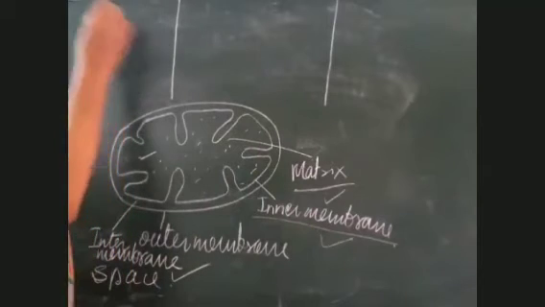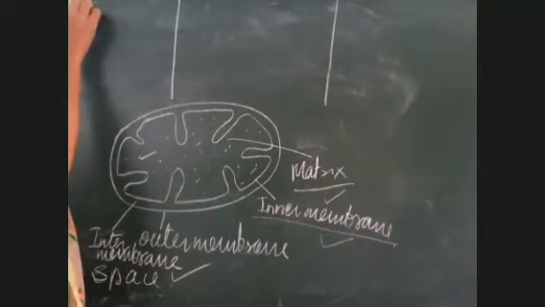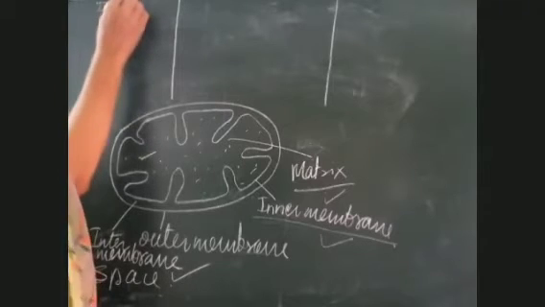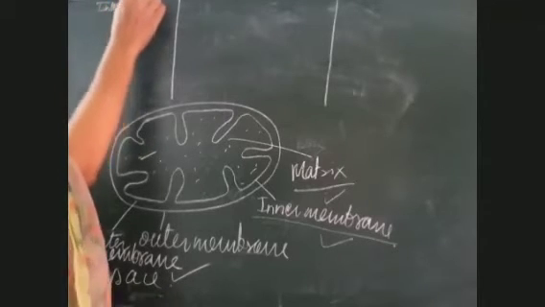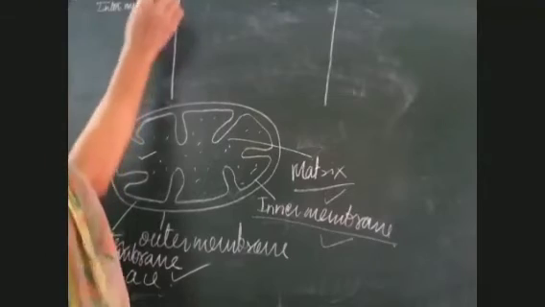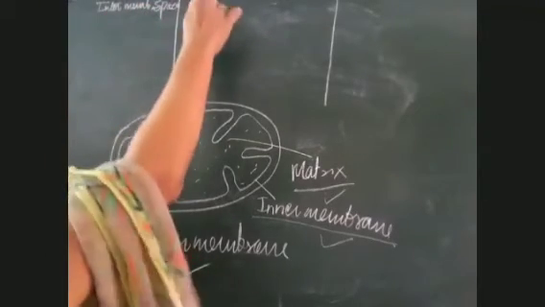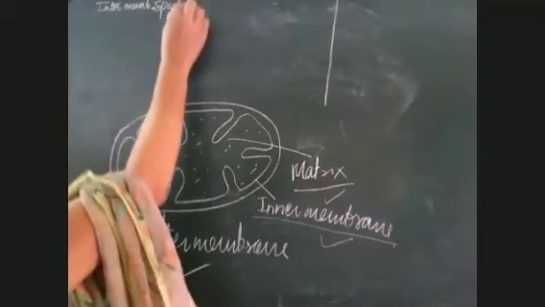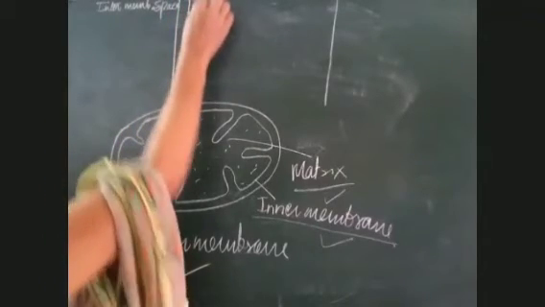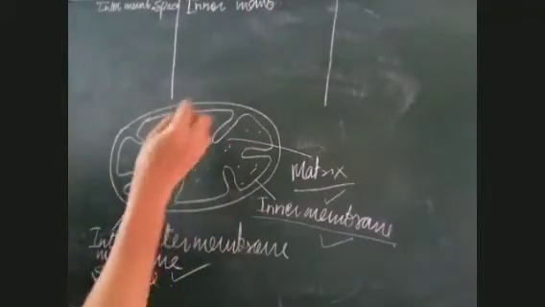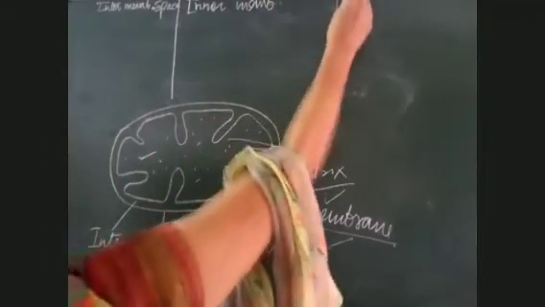So this we will consider as intermembrane space. Now this is the inner membrane. And this one is matrix.